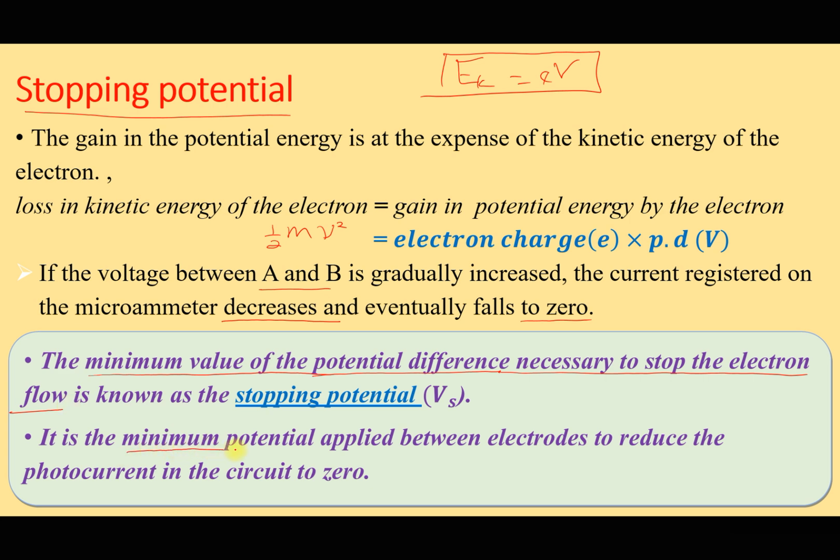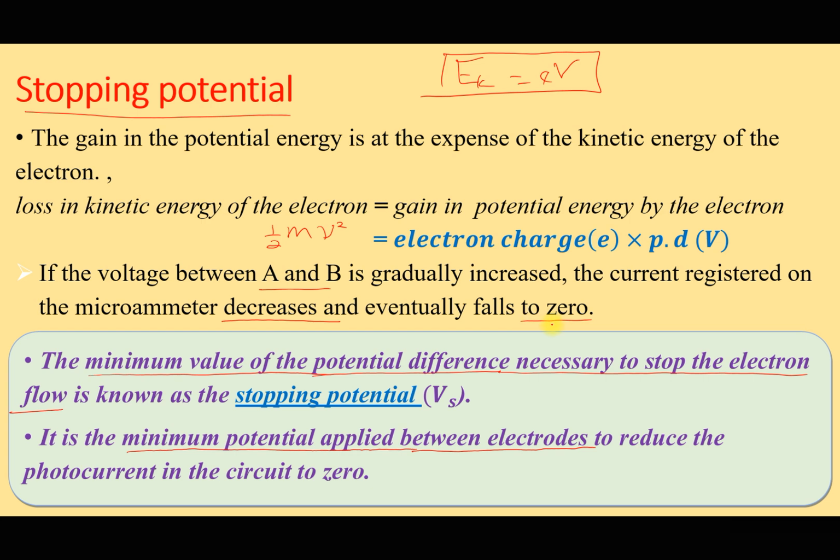It is the minimum potential applied between electrodes to reduce the photocurrent in the circuit to 0. Because as we adjust the voltage between A and B, a point is reached when the current in the microammeter eventually goes to 0.